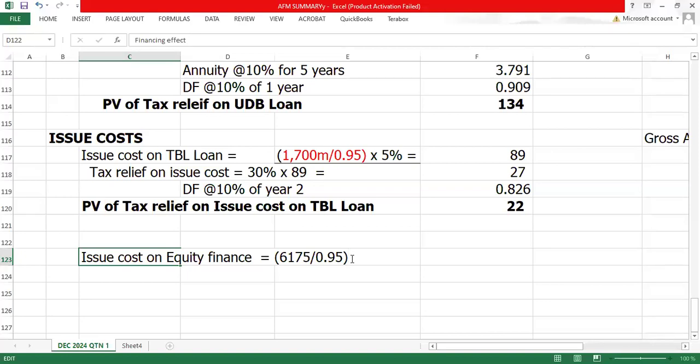So you divide by 0.92 if it is 8%. So times the issue cost, which is 5%. What do you get? This is 6175 divided by... That's what you have?